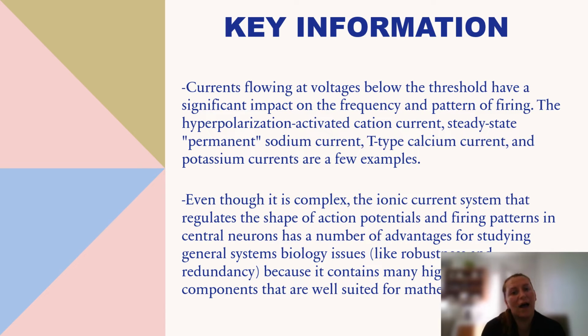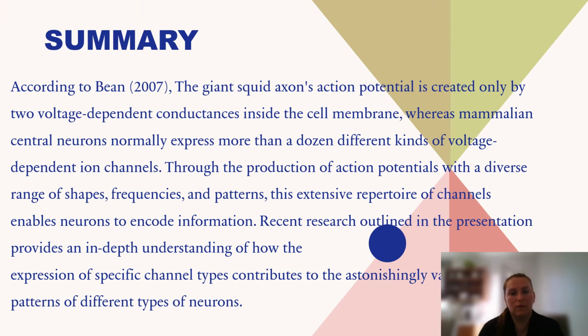It has highly quantifiable elements which are well suited to mathematical modeling. So in summary, we can go back to our thoughts on the giant squid and their axons and how it is a precursor to our understanding of the mammalian system.